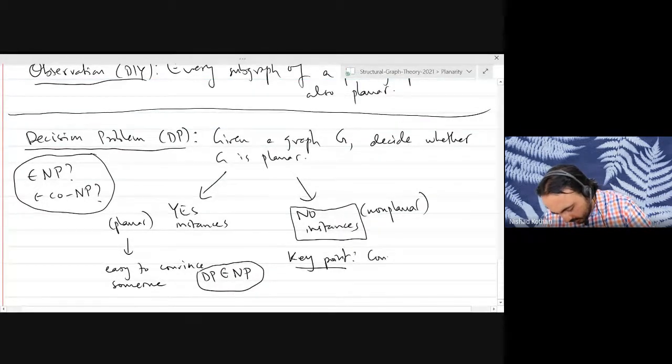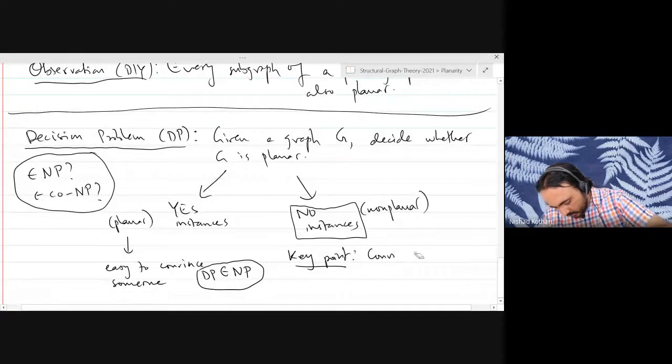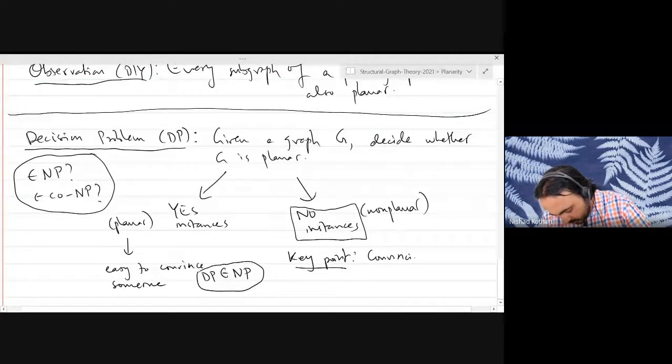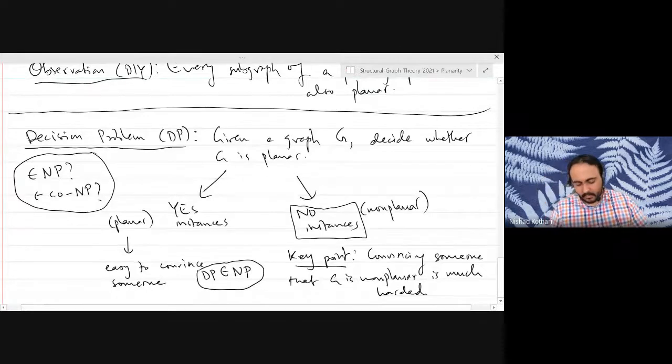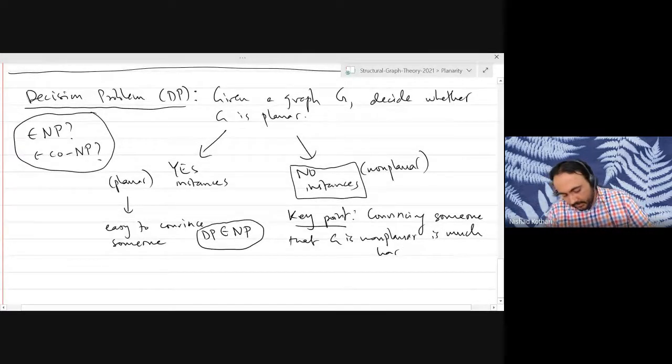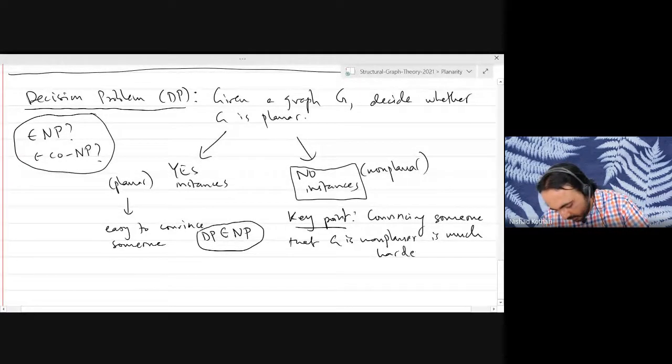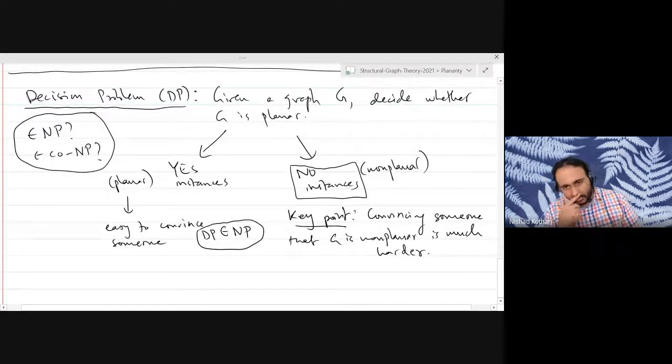Convincing someone that G is non-planar is much harder. And that is why it's not immediately clear whether this problem belongs to co-NP.